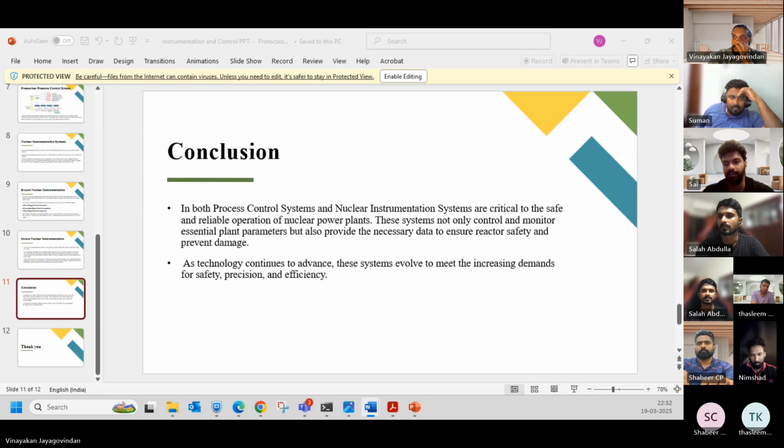I think Sai had already covered the ex-core instrumentation part, and a very brief explanation of nuclear instrumentation has been done by Nimshad, and he had done a very good process control system explanation with an example, I think the pressurizer pressure control system. Do you guys have any doubts on these topics? You can ask now.